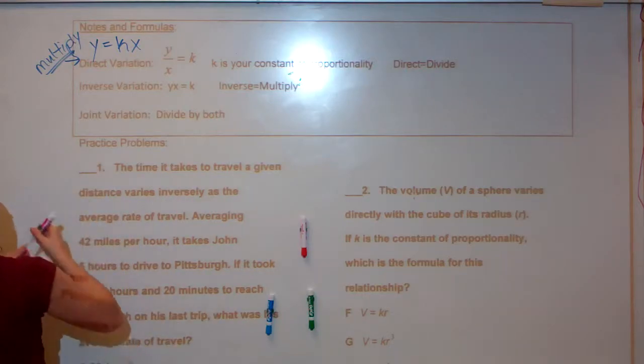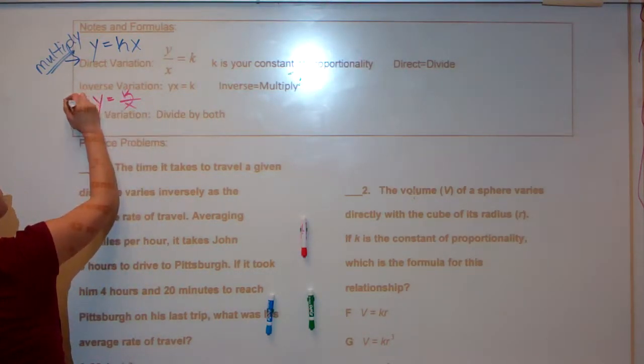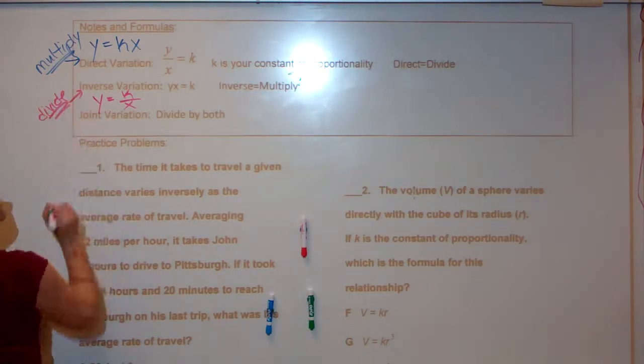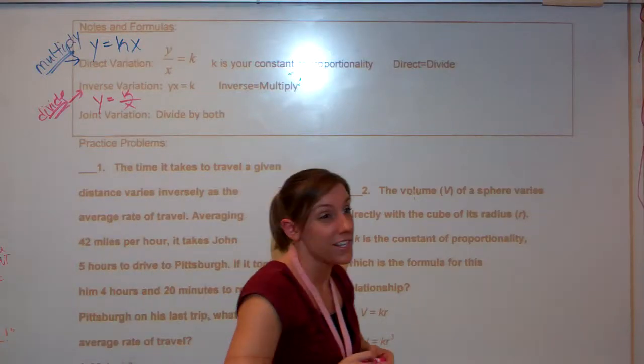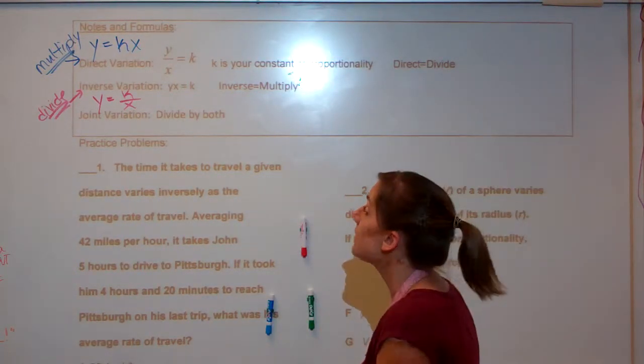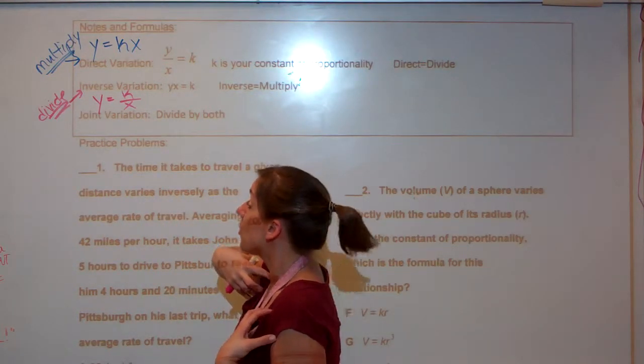And then inverse variation meant k divided by x, so that meant that we divide. So it probably just depends on how your teacher approached it, but that's how we talked about it in class. So these are the two common formulas that we use more and more often.